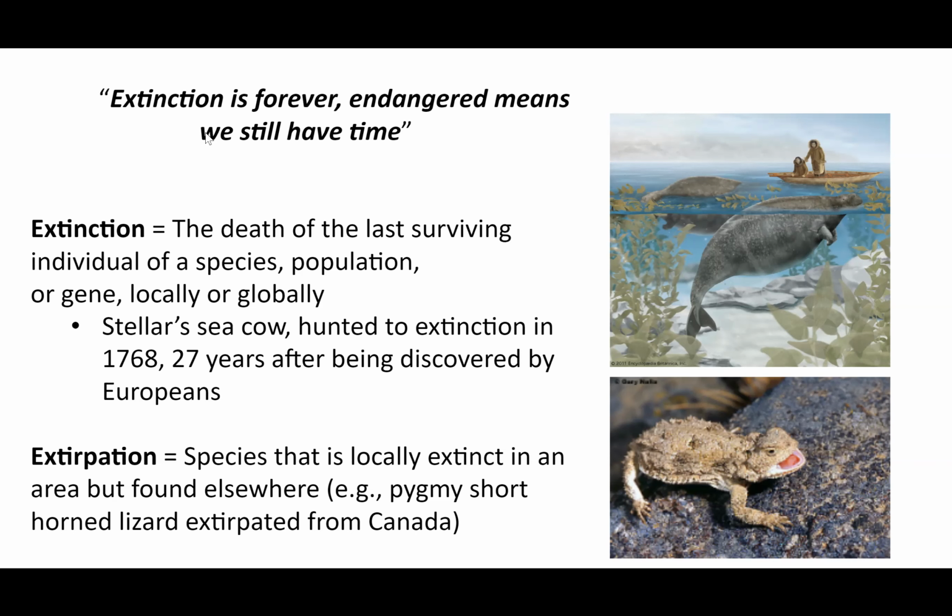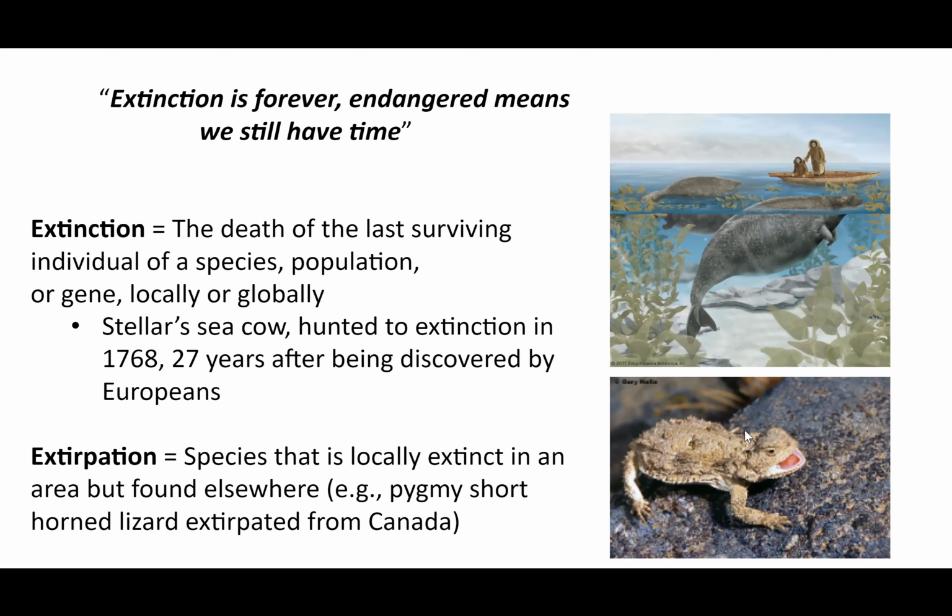And this quote really hits home that when something goes extinct, it's forever. That biodiversity is lost forever. But if something is endangered, you could still have time to potentially save that organism. Now, there's another term that you'll see quite often, extirpation, where a species that is, say, normally found in Canada and all throughout Central and South America is pushed out of one area of its natural range.